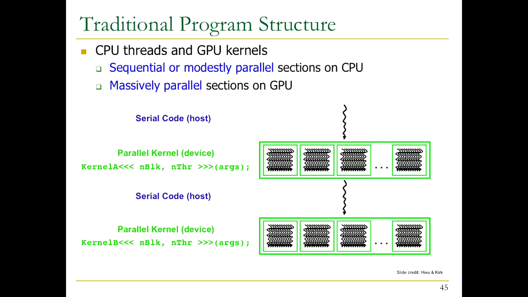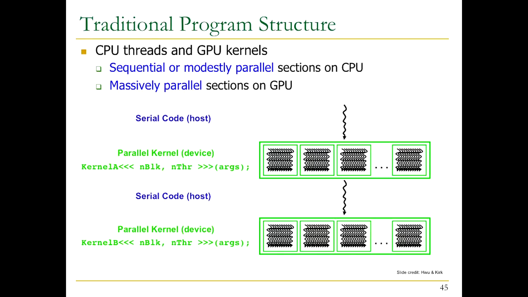We will first have, in this case, one CPU thread running some sequential code. When this thread finishes this part of the computation, which we can also call the sequential phase, we will offload part of the computation. We launch a kernel onto the GPU, and this is the syntax to launch a kernel. This kernel will make use of a certain number of threads.